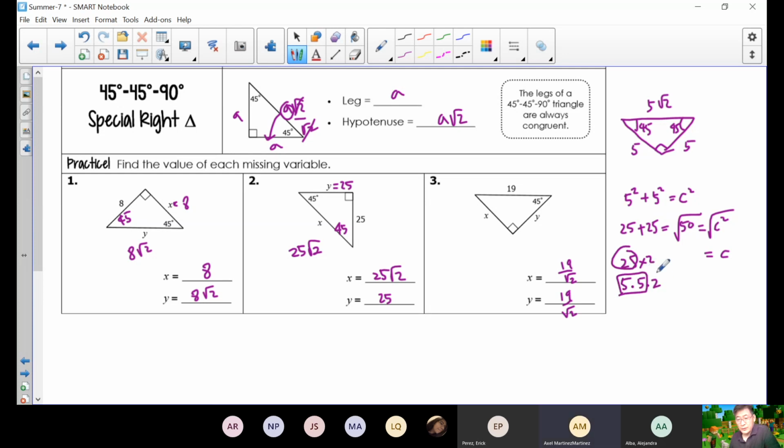The 2 cannot go outside, right? Square numbers go outside of the square root. So 5 root 2. But we're not doing it this way. When you see 45, 45, we understand 5, 5, 5 root 2.